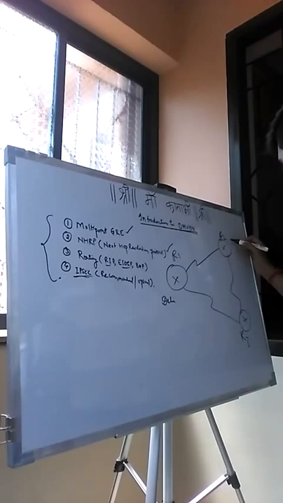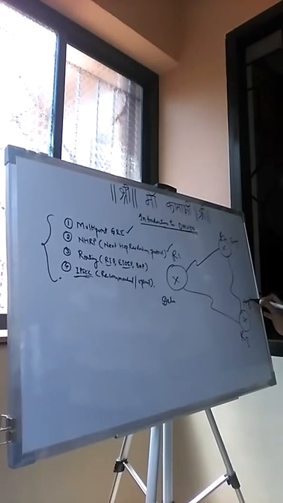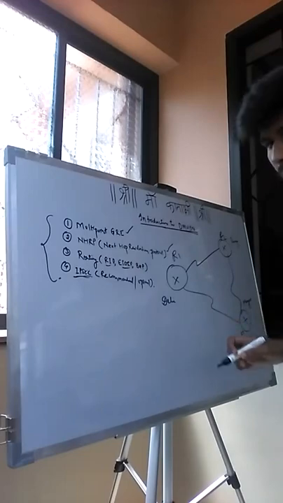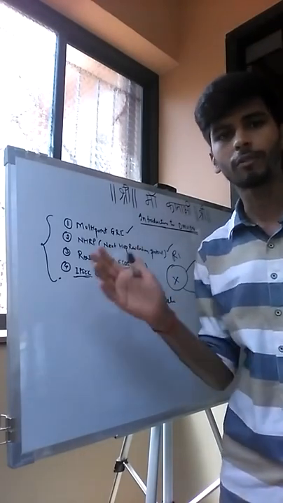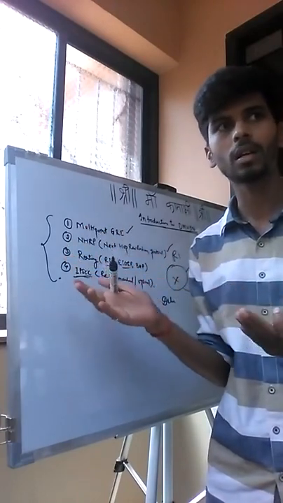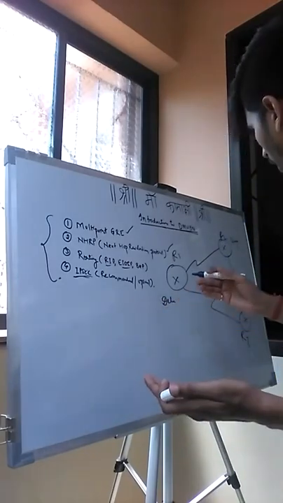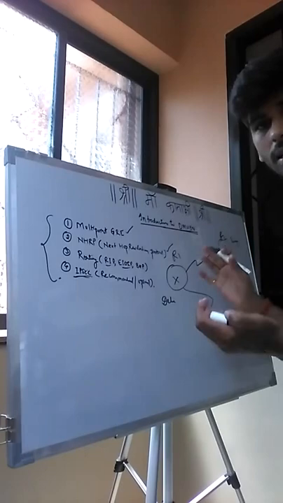And this is Panjim, and this one, let's take an example, is Margao. This will be a kind of private LAN, separate from another network, for my office work.